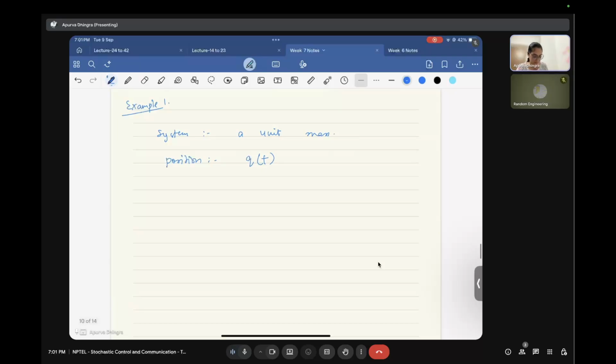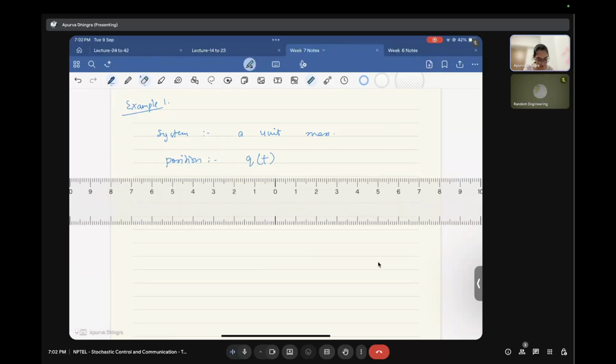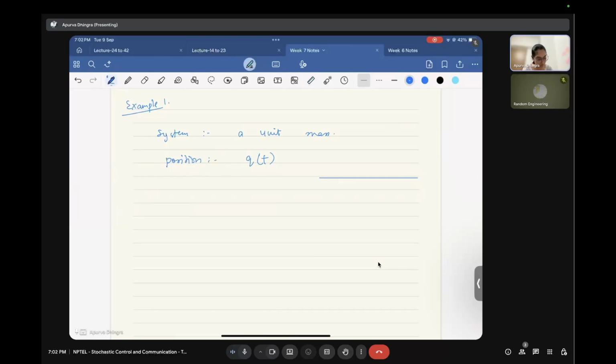For now I'm writing the regular dynamics, then I'll use the discrete version and show how it is related to the linear system that we've been talking about so far. So let's say qt is the position. You can think of a simple example like a frictionless track, and there's a cart that's moving on it, and some force is acting on that cart.